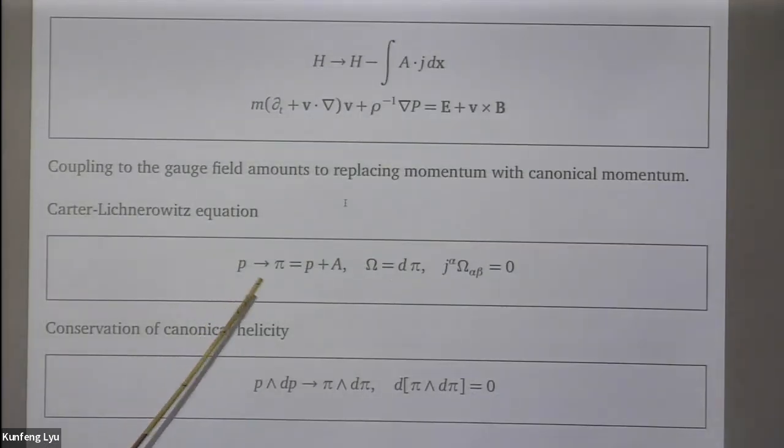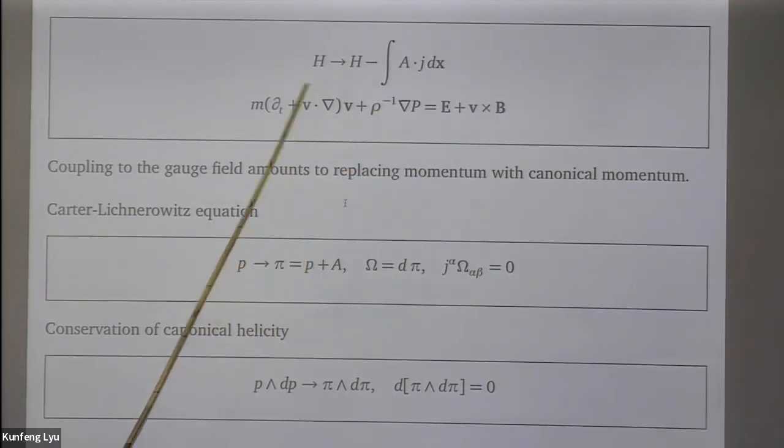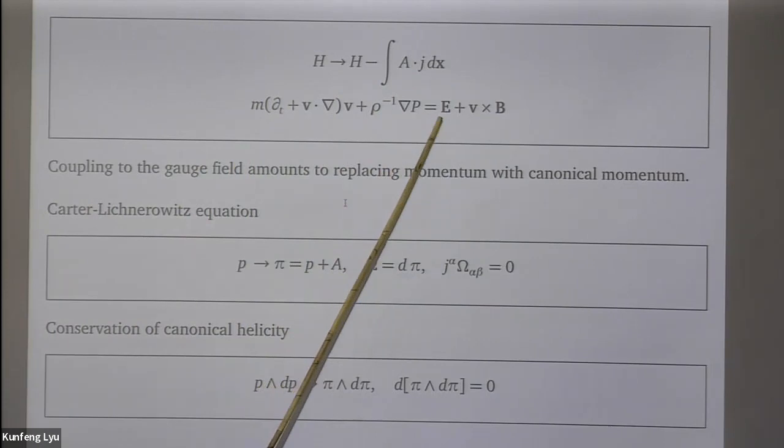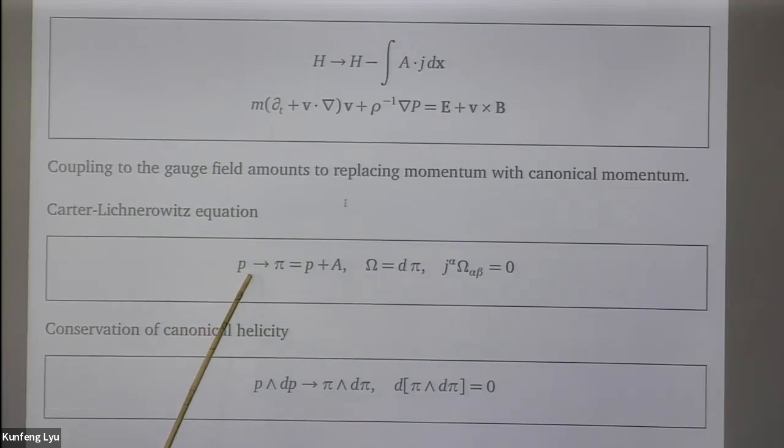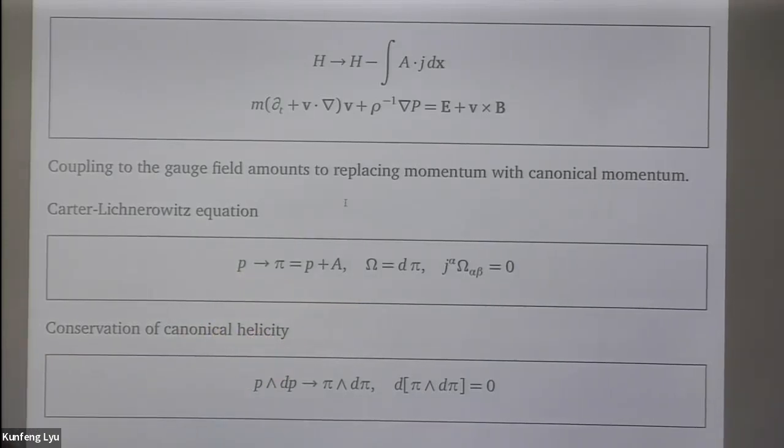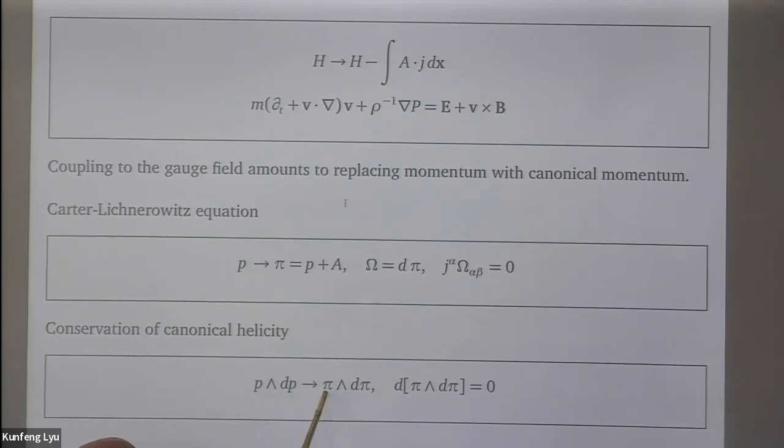Okay, but now we would like to add an electromagnetic field to this Hamiltonian. That results in the Lorentz force on the right-hand side of the Euler equation. It's not an isolated system. It's a system driven by electric and magnetic fields. And the result of this additional force is simply changing momentum to canonical momentum by shifting it by the gauge potential. And then, by repeating these arguments, you immediately obtain conservation of helicity, but now written not through kinematic momentum, but through canonical momentum.